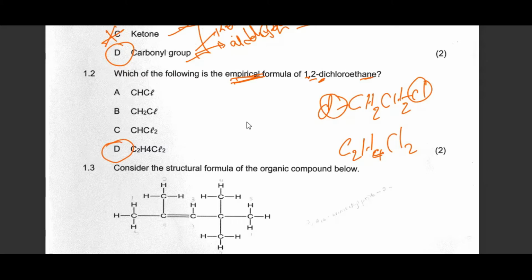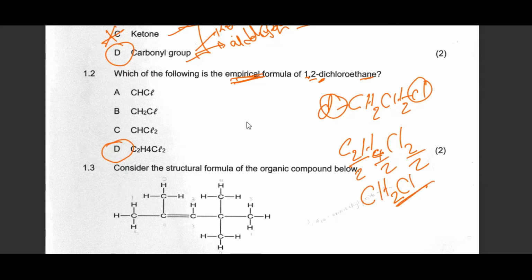Now, this is the molecular formula. If this is 2, 4, 2, then 2 can go into 4, so if I divide by 2, divide by 2, divide by 2, I'm going to have CH2Cl.